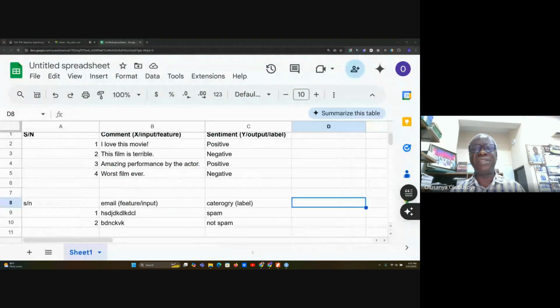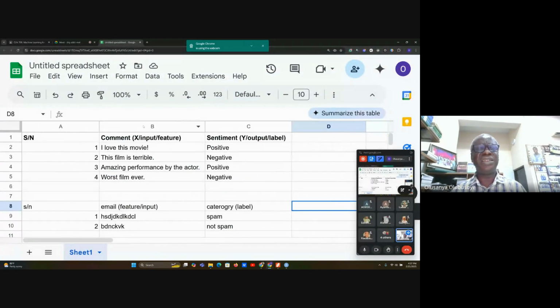And what that means is that in this case of sentiment, we are interested in the probability of somebody who watched the film making a positive comment, or the probability of that person making a negative comment.